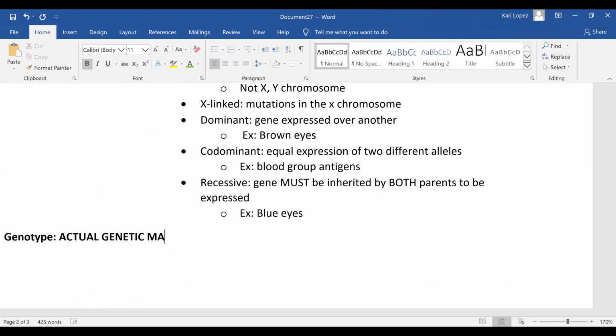And you've got autosomal recessive. So what's recessive? They have to be inherited from both parents. Not quite. That's going to be your Mendelian principles.